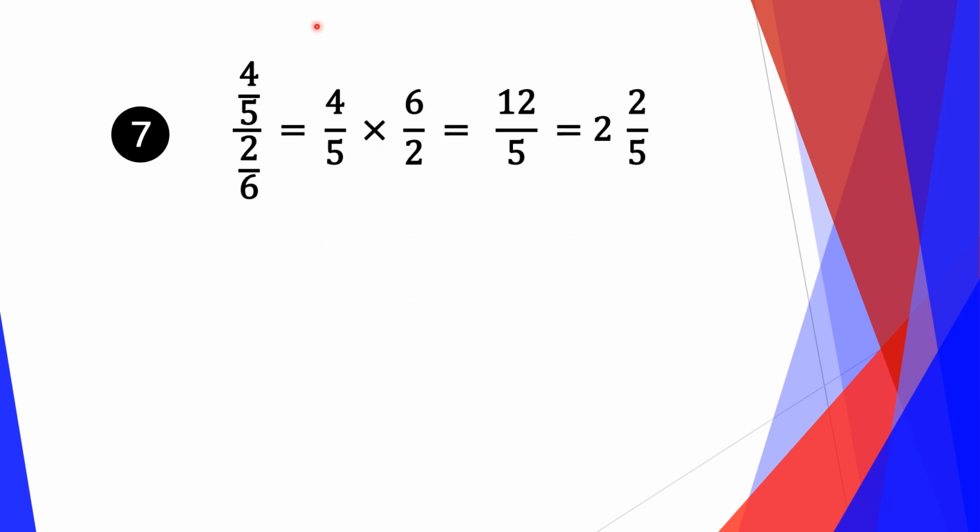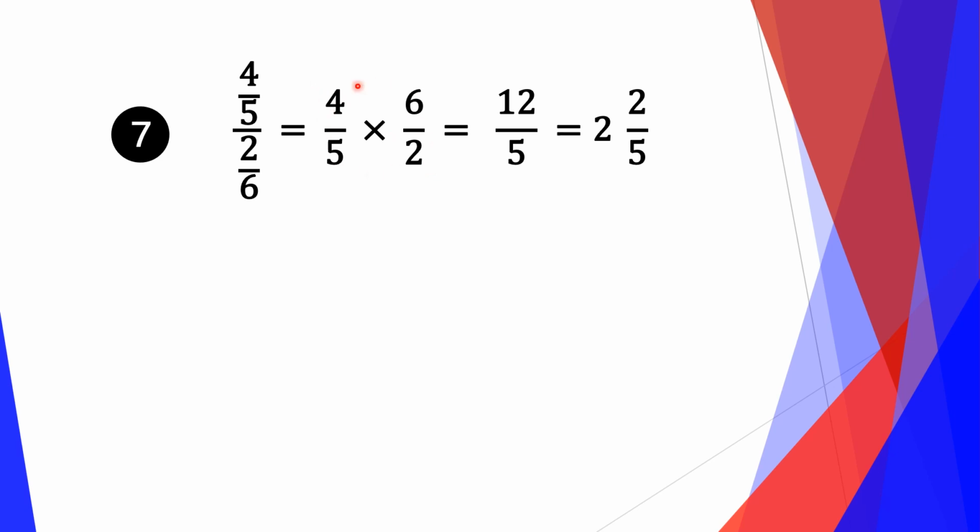Let's move on to question 7. We have 4 over 5 divided by 2 over 6. Again, we keep our first fraction as it is in division, and we change the division sign into multiplication. And we take the reciprocal of the second fraction, 2 over 6. We flip it over and write it down as 6 over 2.